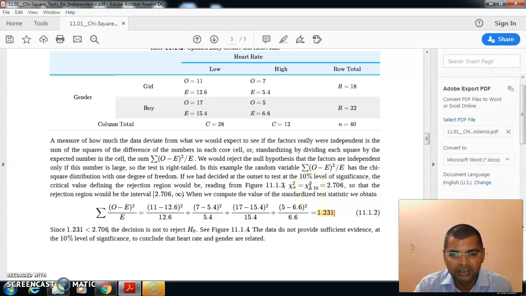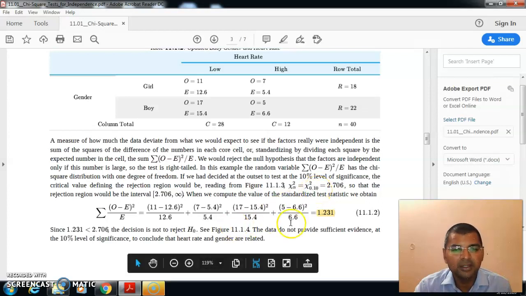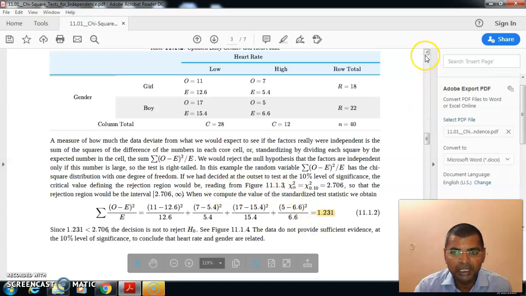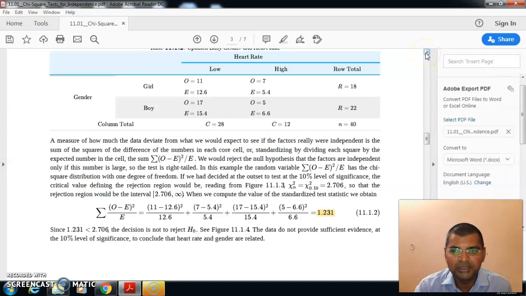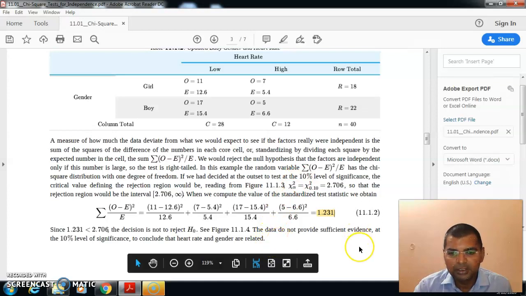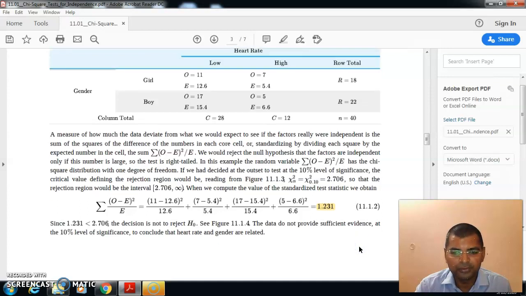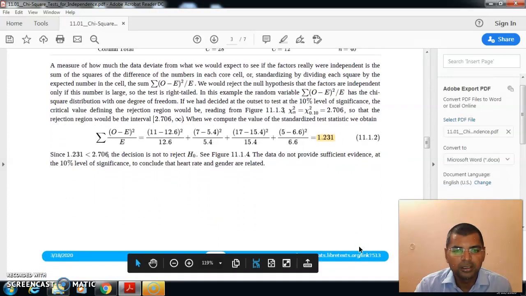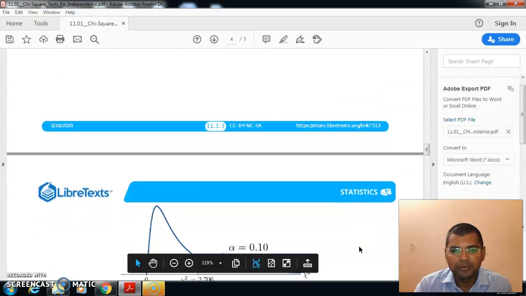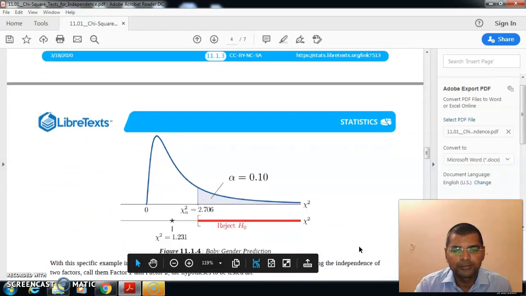So we need the critical value at 10% level of significance, and second we need the degree of freedom. We calculate degree of freedom on the basis of the formula r minus 1 into c minus 1, where r is the number of rows and c is the number of columns.